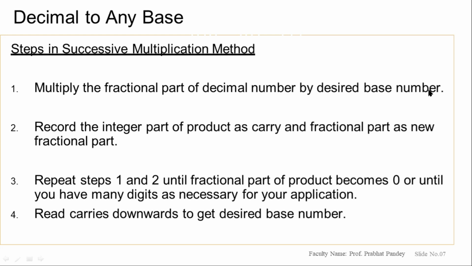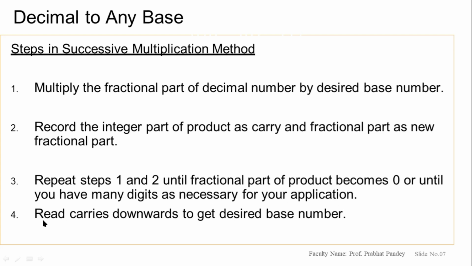For example, we have here 0.625 and we have to convert it into binary, so we have to multiply 0.625 by 2 because the desired base number is binary. After multiplication, record the integer part of the product as a carry, and the fractional part as a new fractional part. We repeat these steps until the fractional part of the product becomes 0 or until you have as many digits as necessary for your application.